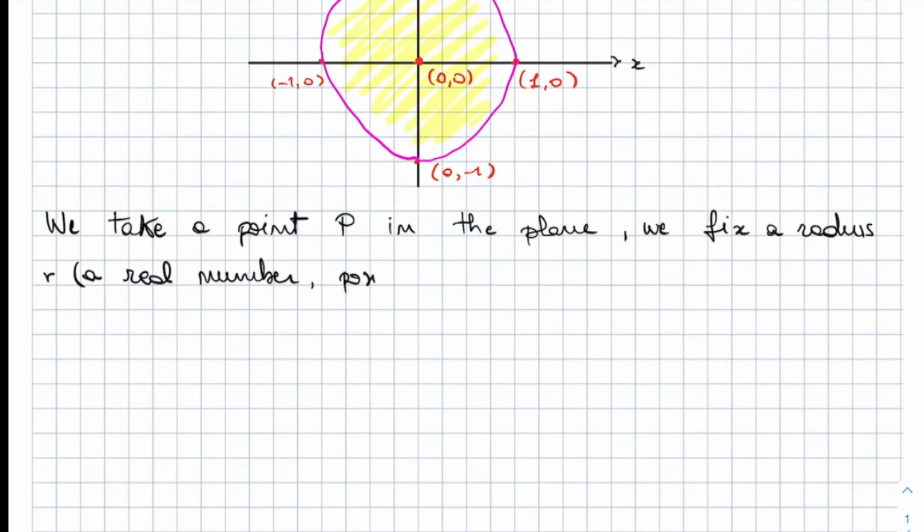Then we can ask ourselves which points have distance from P smaller than r.